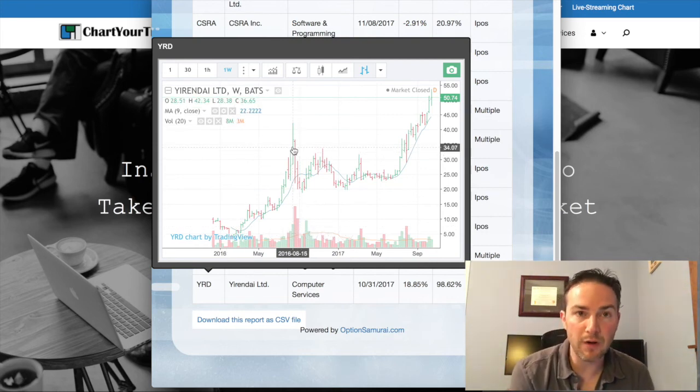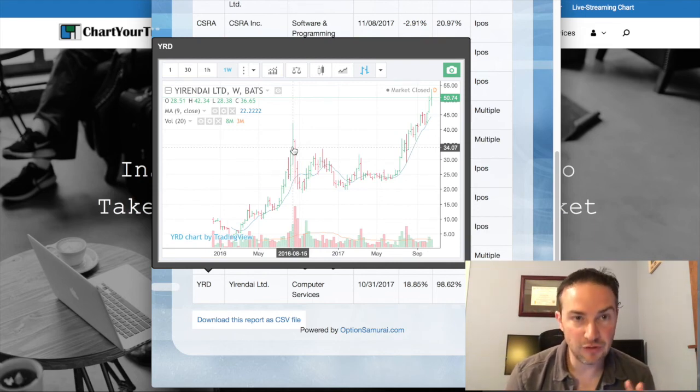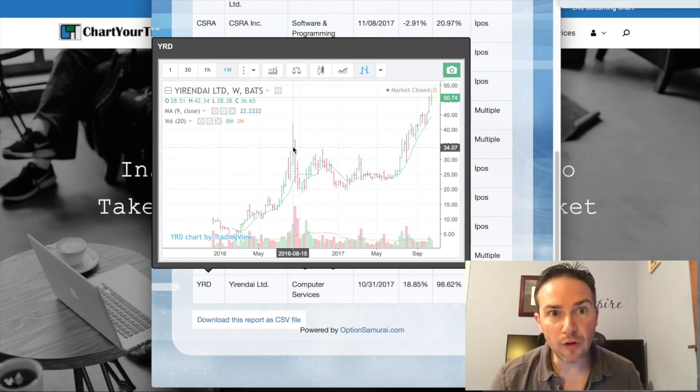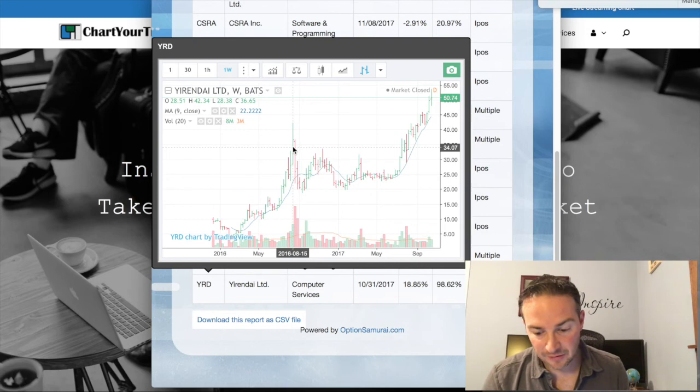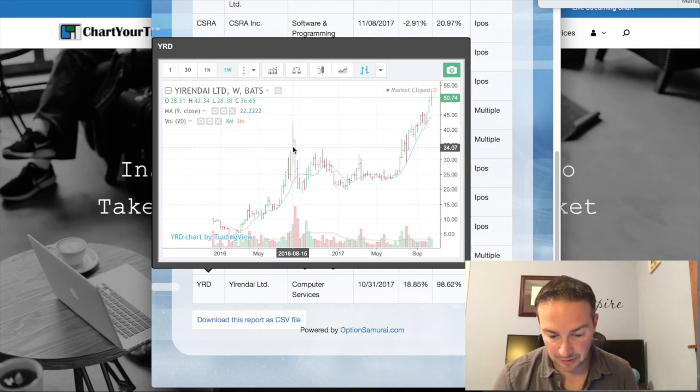This was actually one of the best IPOs that the ChartYourTrade MRI scanner captured in 2016. And it's still on the radar, and it's still passing this scan because it is within 2 years of its IPO, but we could also see that it's passing multiple scans.